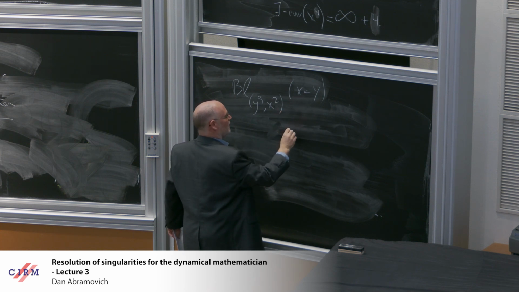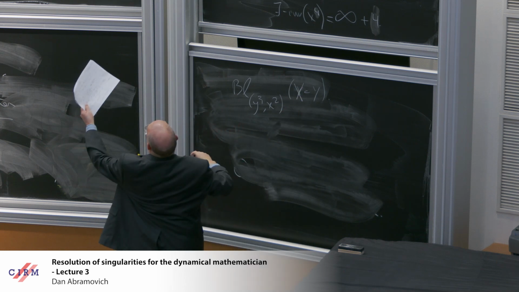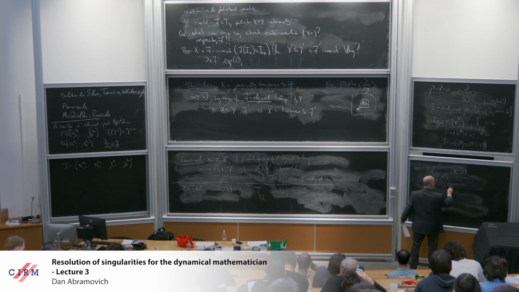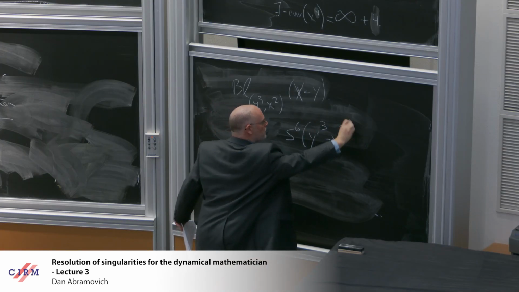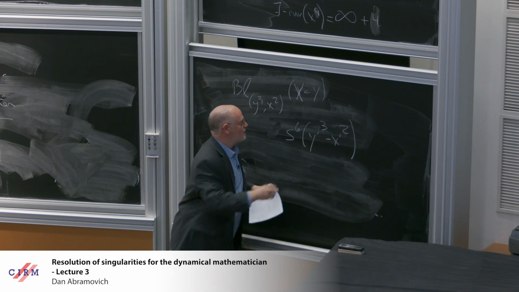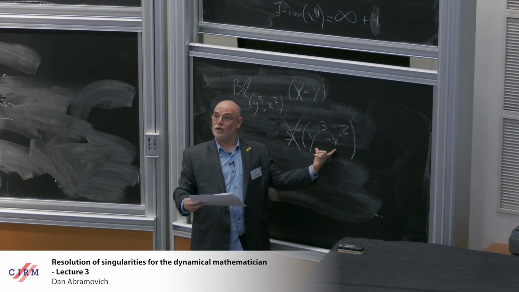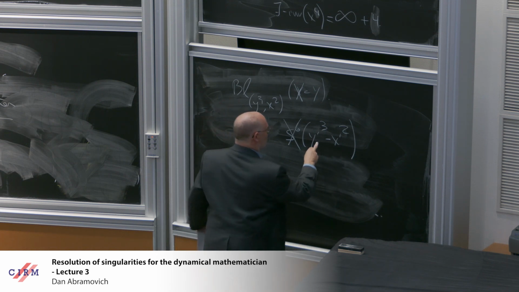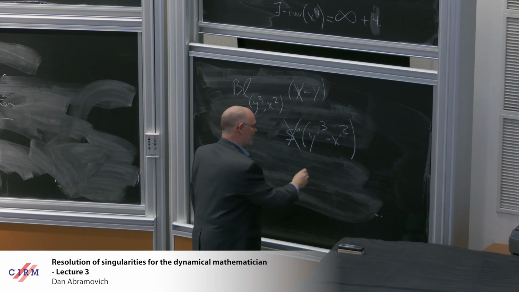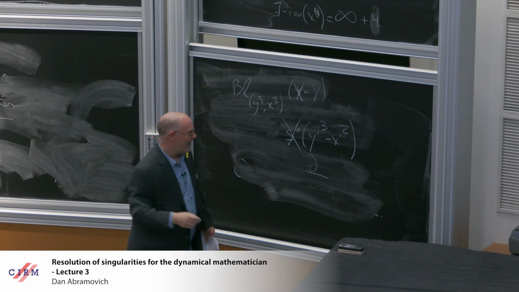I plug in, and of course, this is exceptional, and I remove the locus where x prime and y prime are 0, so that this becomes transverse to the transform of the derivative.